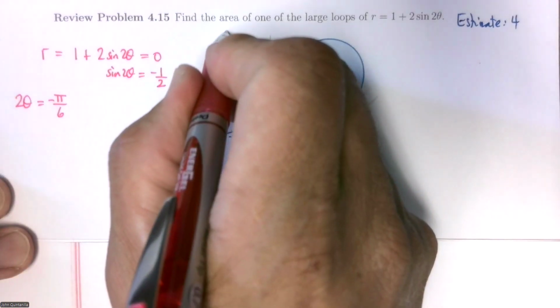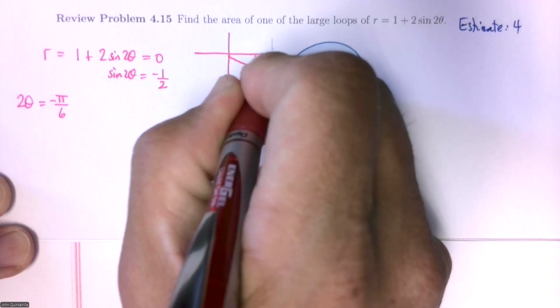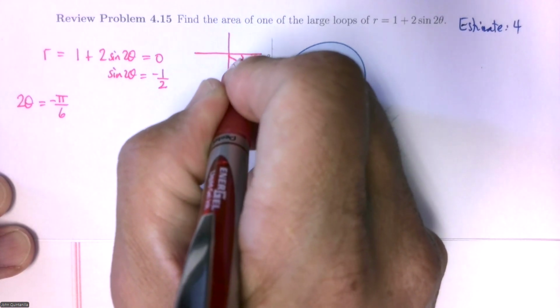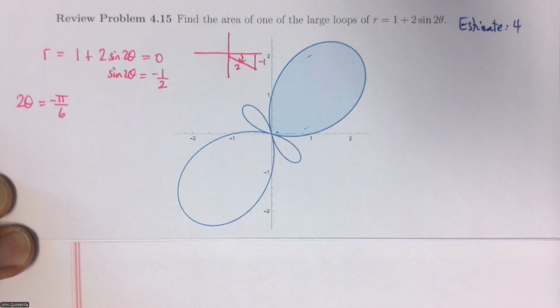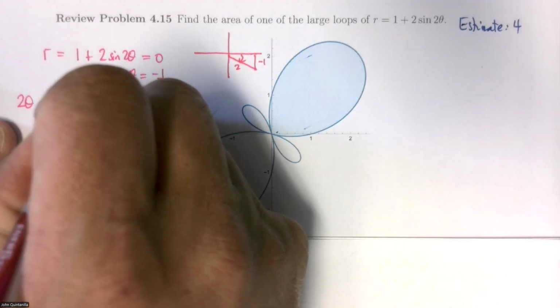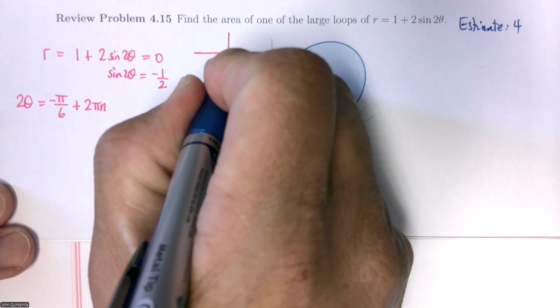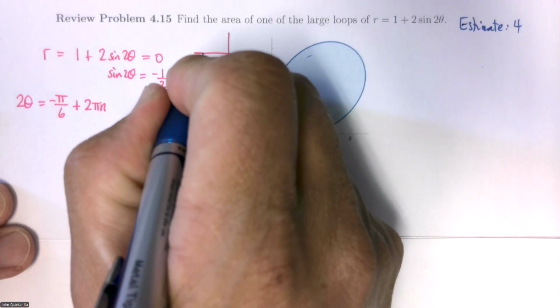If I draw the picture, here's negative 1/2, and this angle here is negative pi over 6. There are two modifications I could make, and both are important. I could add any number of full rotations, and the sine of the angle would still be negative 1/2. The other alteration is to look at an angle in the third quadrant.